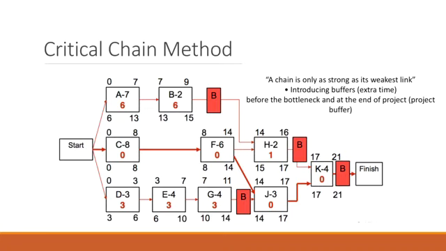The premise, or underpinning mechanism, of the critical chain method is that a chain is only as strong as its weakest link. What that means is, which one will be the weakest link in this whole analysis? Just think about it for a second. The weakest link in a design like this, if this was the design of our particular project, is the one that actually takes the longest.